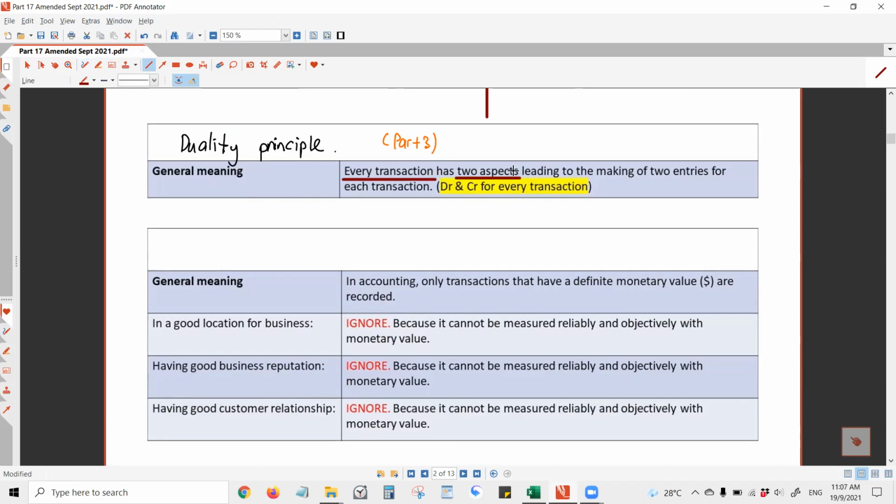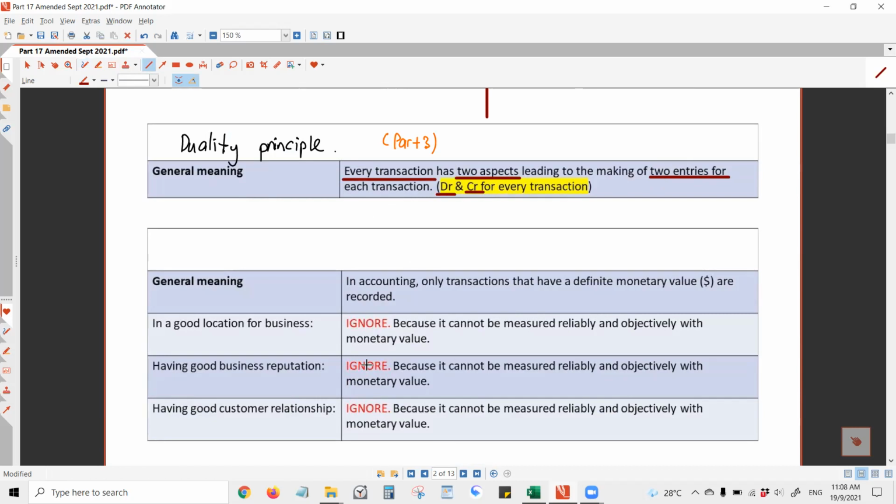You must make two entries for every transaction, and the two entries are debit and credit entry. As simple as that. One of the rules to follow when you do accounting: duality principle. You have to do debit and credit.